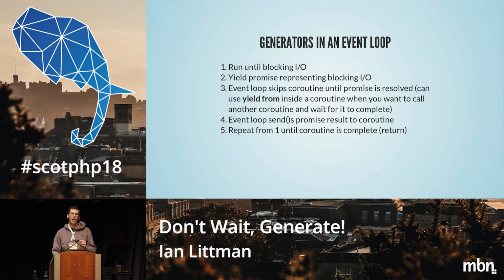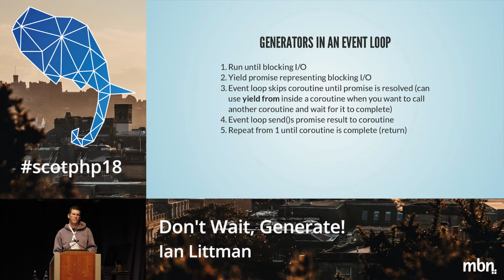Anytime that you have blocking I/O, you yield a promise that is usually created by your async framework. So you yield a call to, for example, AMP, which is the concurrent PHP framework that we're going to see in a moment here, saying, hey, AMP, go get me this file, or go get me this database call, or go get me this file over HTTP.